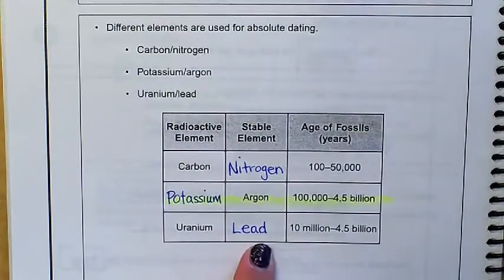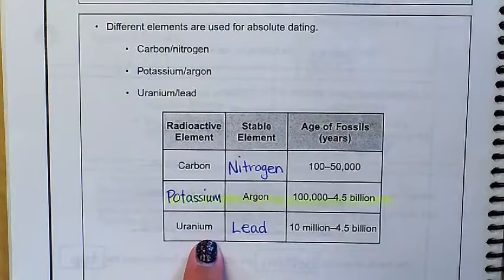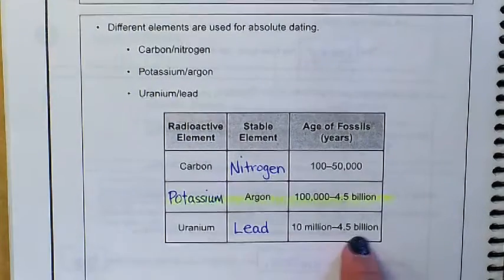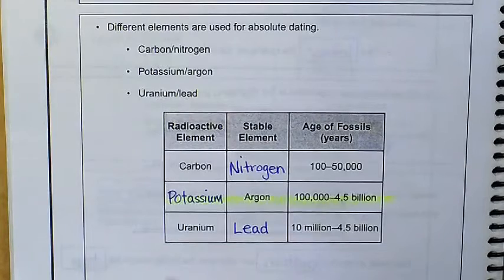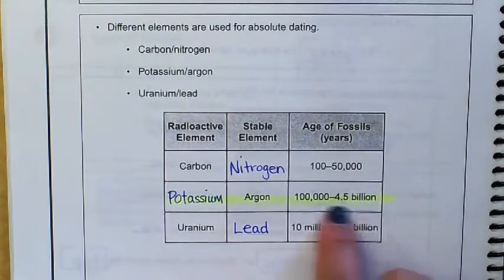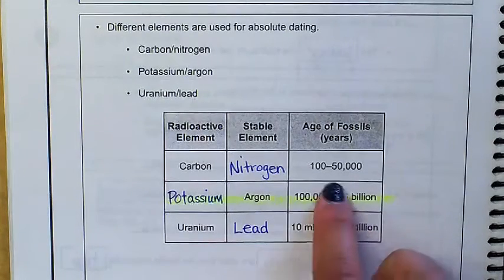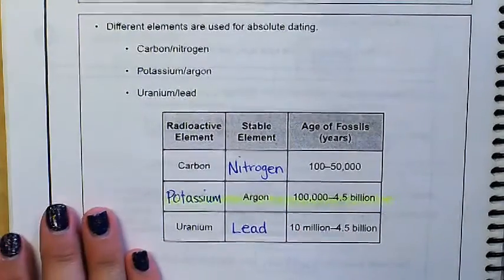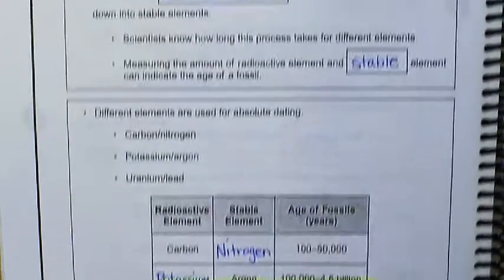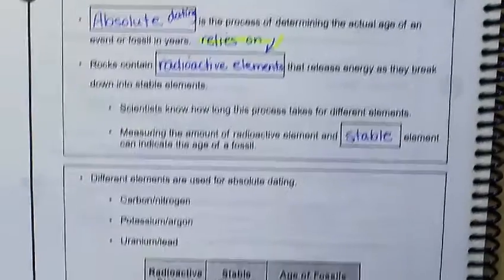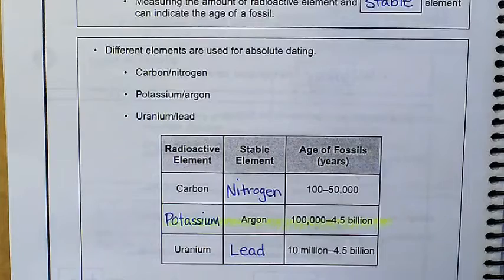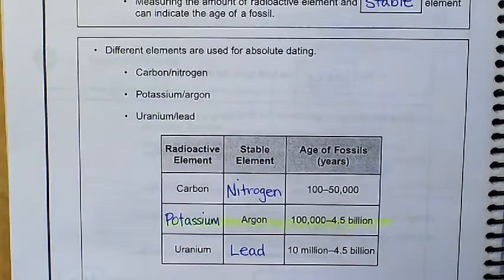And then uranium to lead, there's a much longer half-life on this one, so it's 10 million to 4.5 billion year old samples. Potassium to argon is going to be the more commonly used one in these examples. So that is absolute dating, where we actually find a specific date for a fossil using the ratios of radioactive elements to stable elements.